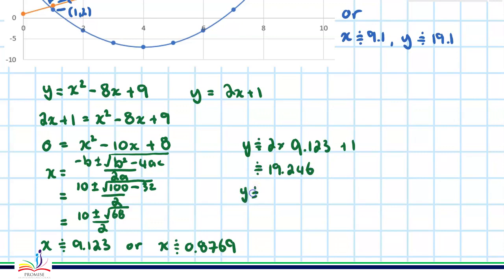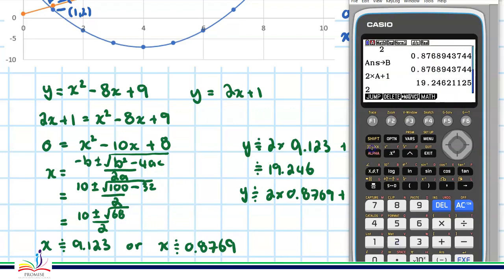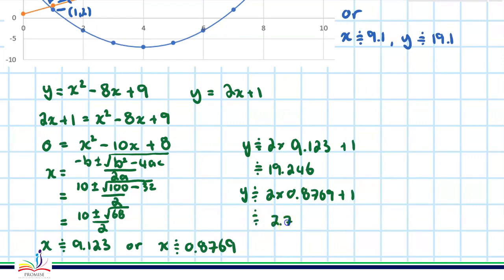And we're going to grab the 0.8769, multiply it by 2, add 1, throw it in the calculator, and again I stored those values in a variable, so I'm using that variable to be really accurate, and I get y is 2.754 rounded to 3 decimal places.